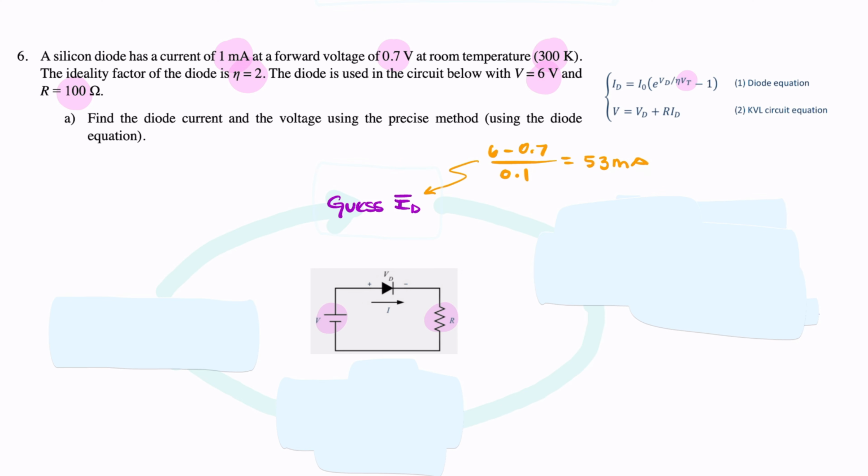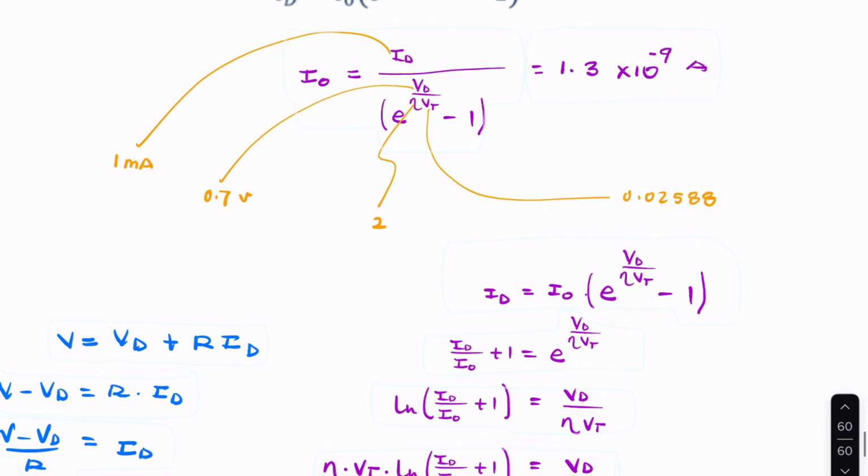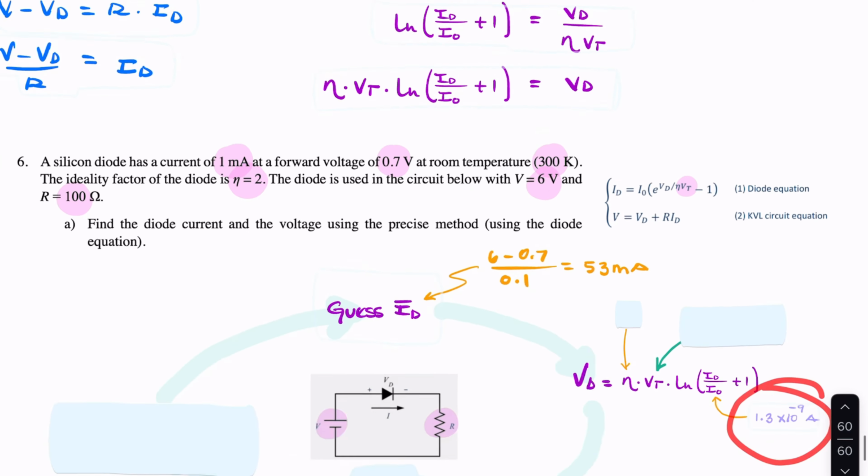Now, using that, I'm going to try to find VD. I'm going to use ID as 53 milliamps. I naught, we've already found. That's the 1.3 nanoamps.